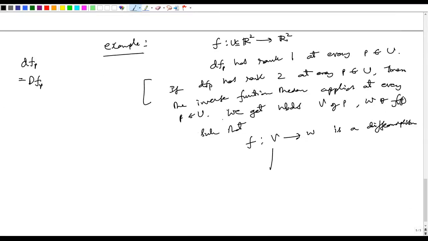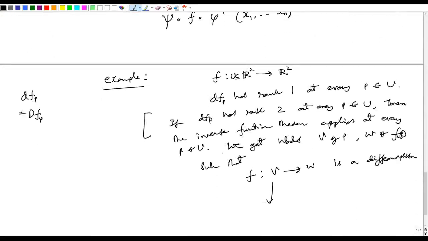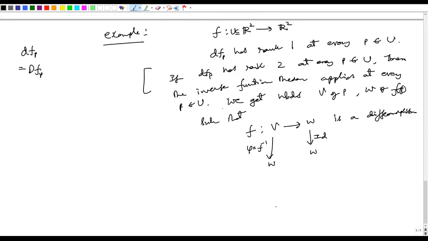Well, all I do is, for instance, the first one I called P, I just take to be F inverse, and this I take to be identity on W, so this will be again W. So this is my C. So the map C composed with F composed with P inverse. Oh, not P inverse here, it is F itself, not F inverse, F itself.